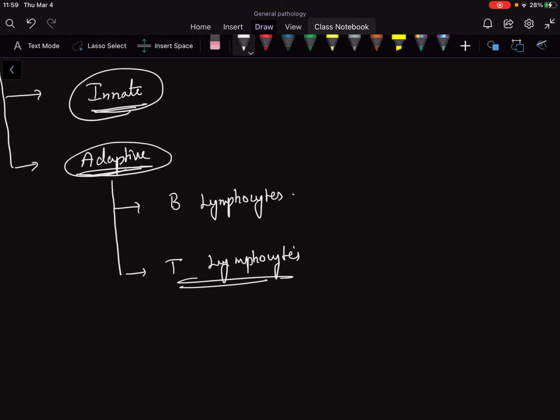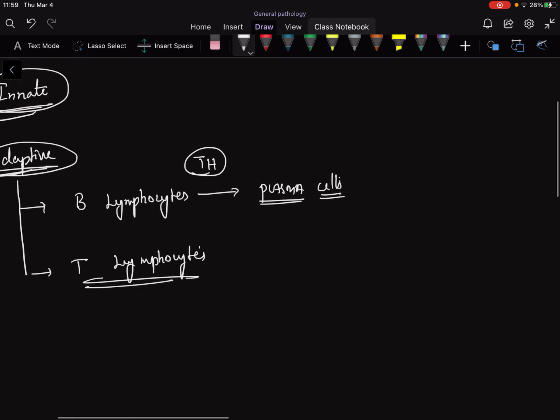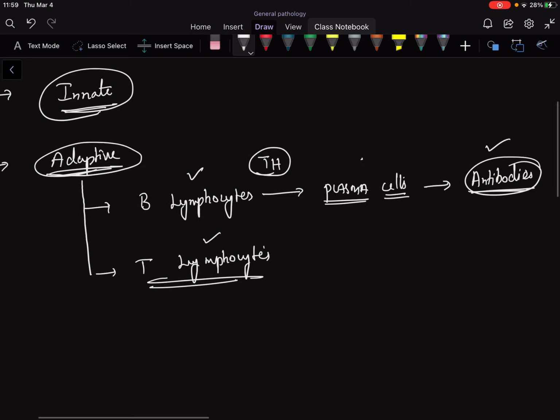B lymphocytes in the presence of T helper cells will get converted into plasma cells, and these plasma cells will start producing antibodies. So all these B lymphocytes, antibodies and T lymphocytes are called as adaptive immunity.